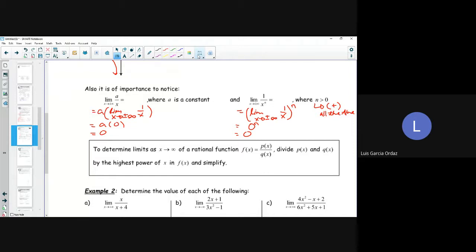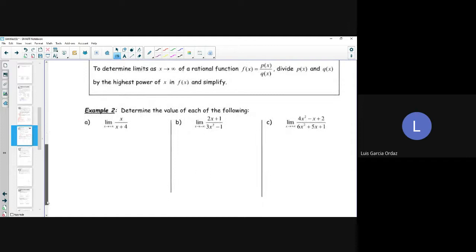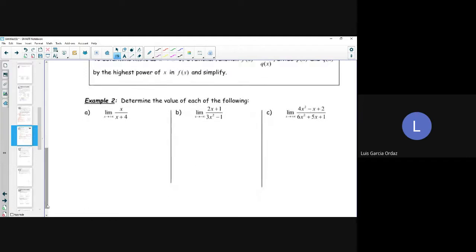So now we can determine the value of each of the following. So we have the limit of x approaching positive infinity of x over x plus 4. So when it comes to horizontal asymptotes, all you're doing is dividing by the variable and its degree from the denominator.